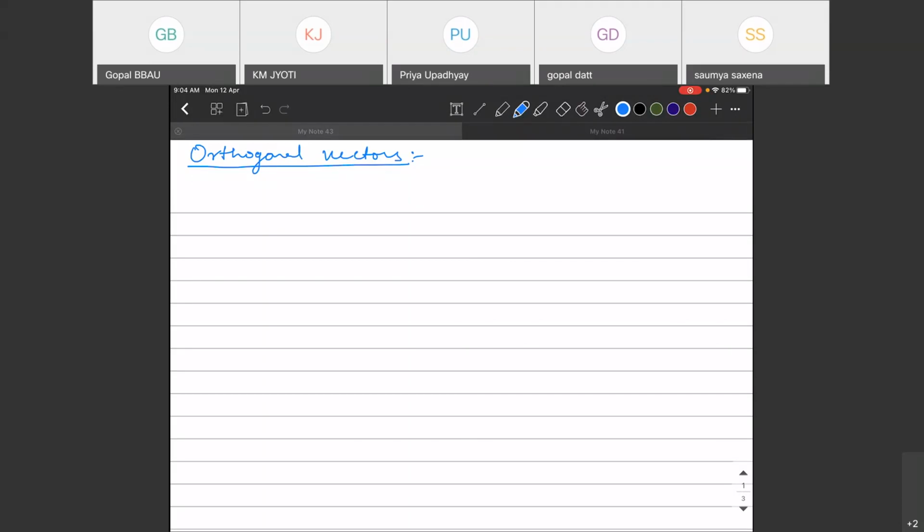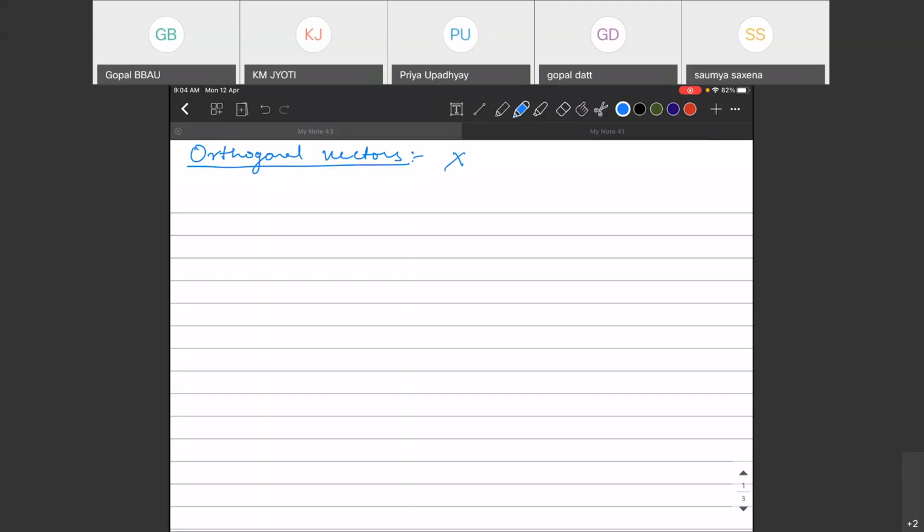In inner product spaces, we can define the notion of angles between two vectors. Let's see it again.